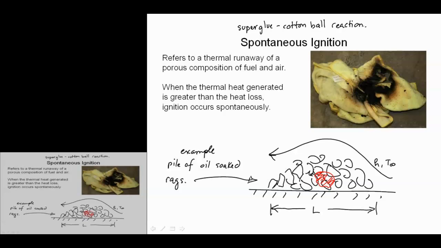The issue is the rate at which they're oxidizing is very slow, and even if this oxidation process is exothermic, with heat generation, it's balanced by the heat losses from it. And so the temperature of the system is steady.